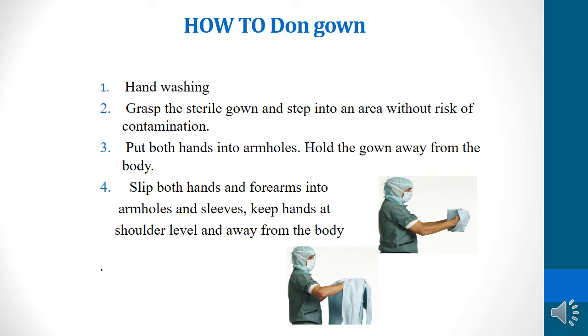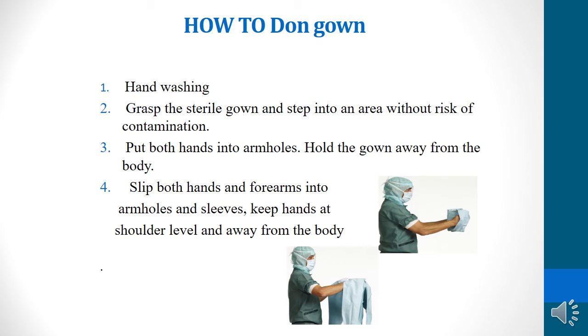How to don a gown? First, we will do hand washing. Second, grab the sterile gown and step into the area without risk of contamination. Third, put both hands into the armholes. Hold the gown away from the body. After that, slip both hands and forearms into the armholes and sleeves.